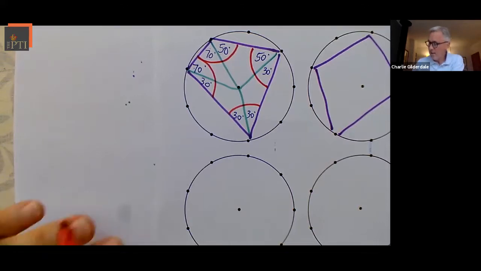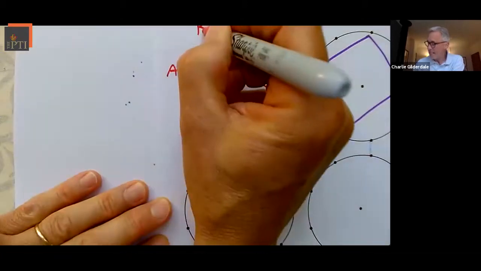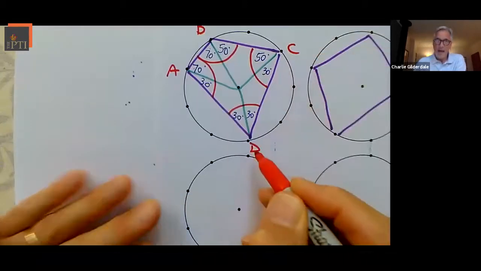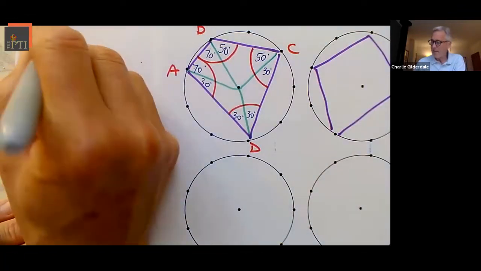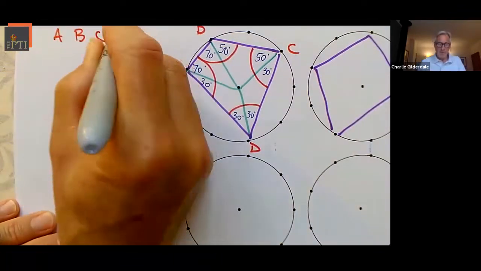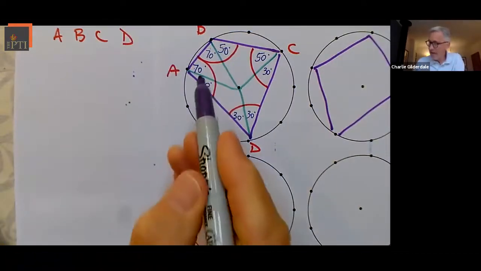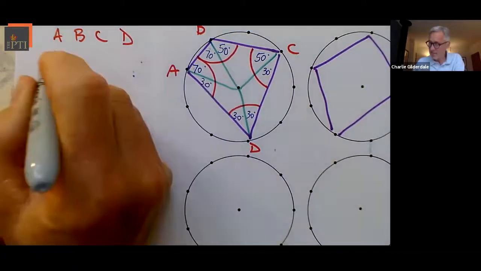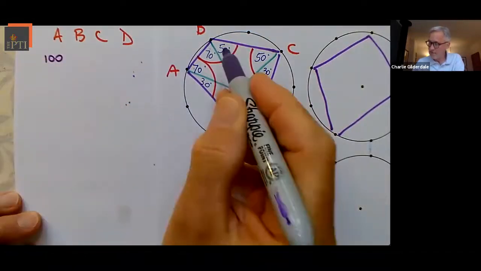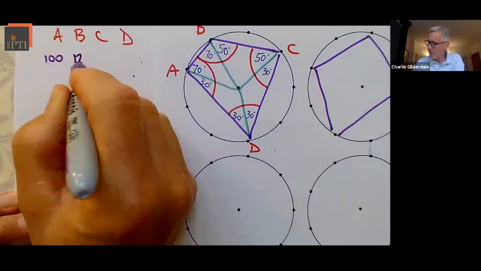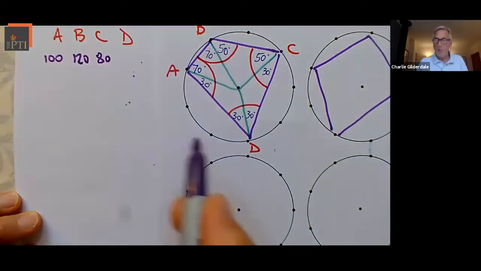So for example, if this is vertex A and that's B, then that would be C and that would be D. And on the board, I might start making a table of values with the values for A, B, C, and D. And in my case, angle A is 100 degrees, angle B is 120 degrees, angle C is 80, and angle D is 60.